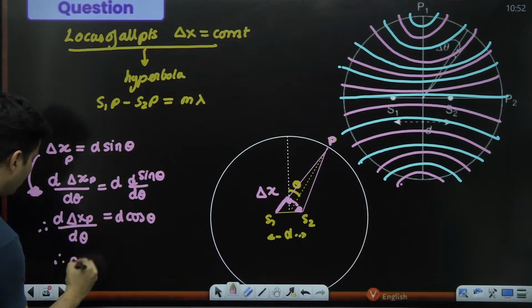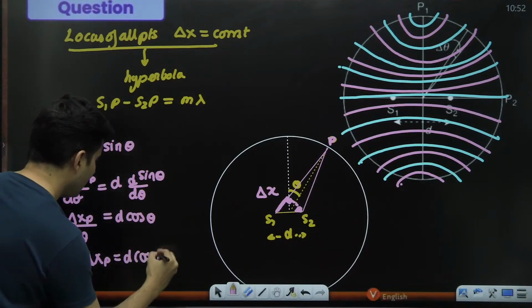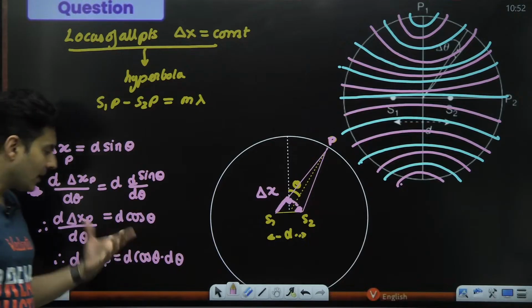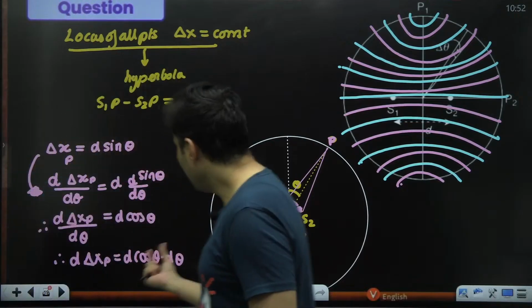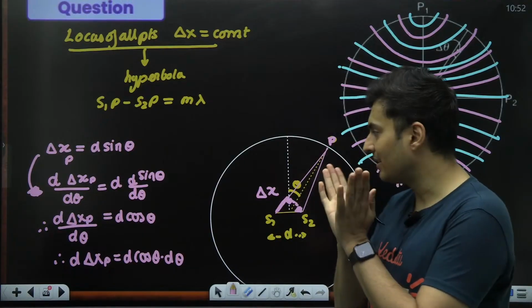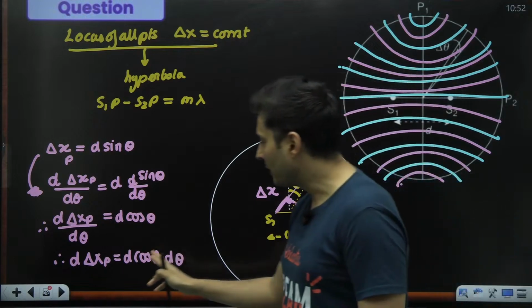So therefore d delta xp will be d cos theta into d theta. Now think like this. D theta over here gives me the angular fringe width, or the angle between two fringes.